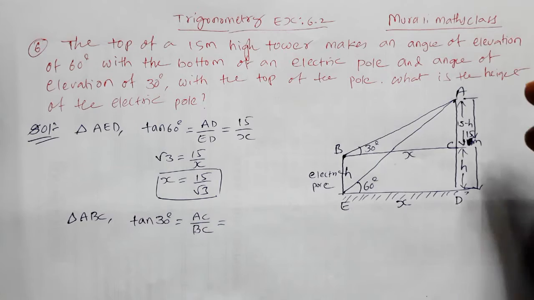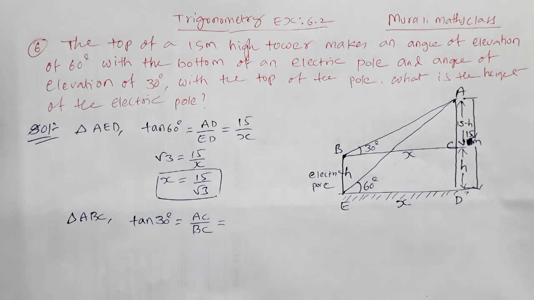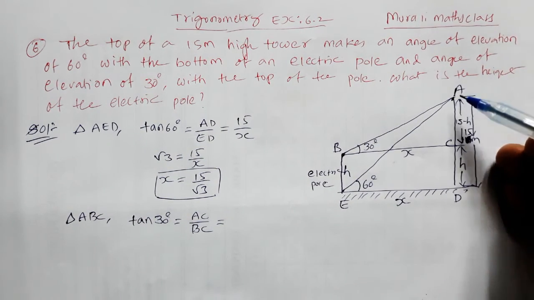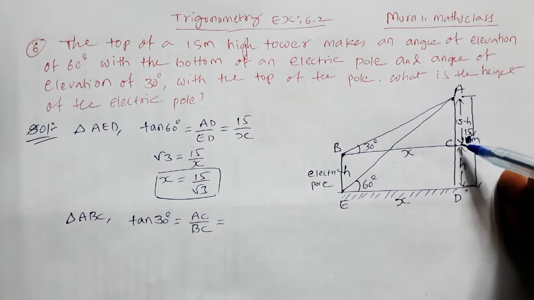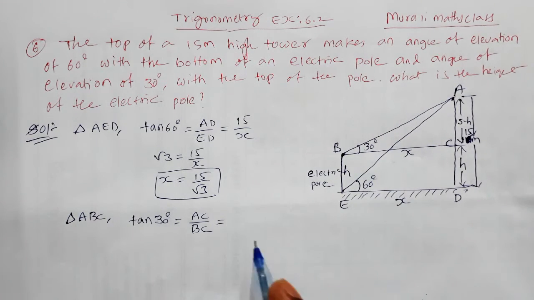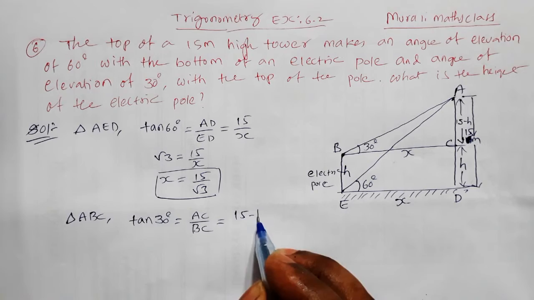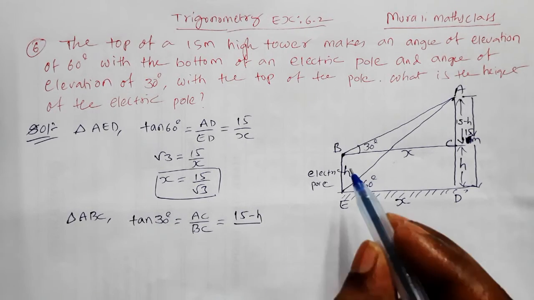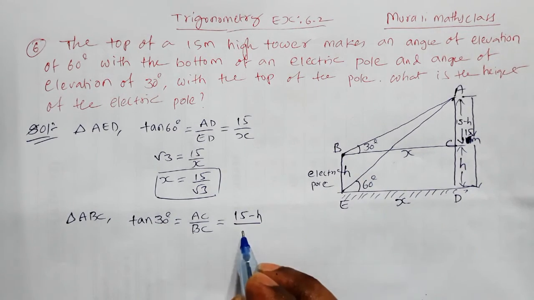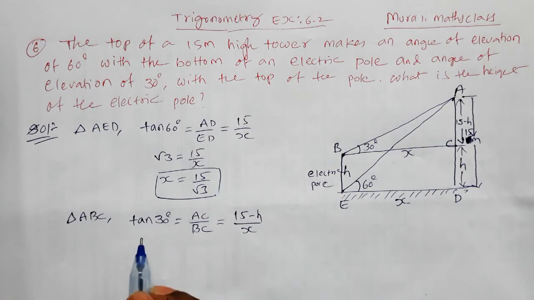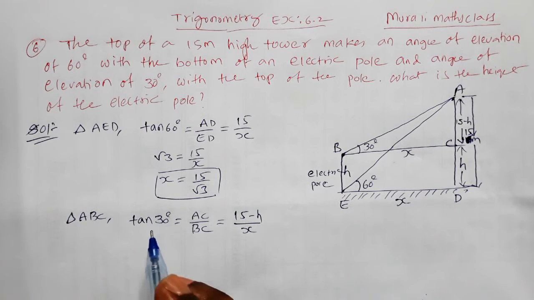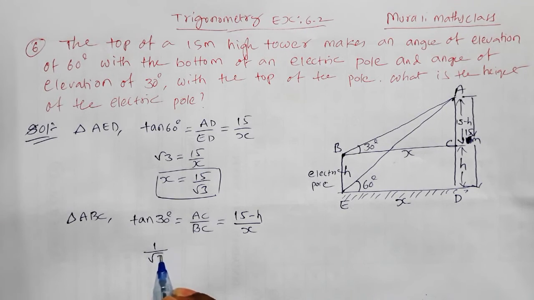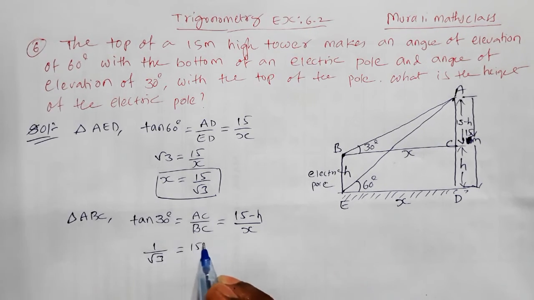AC means only this length, from here to here. What is that length? 15 minus h, divided by BC, x. What about tan 30? Tan 30 answer is 1 by root 3. So 1 by root 3 equals 15 minus h by x.